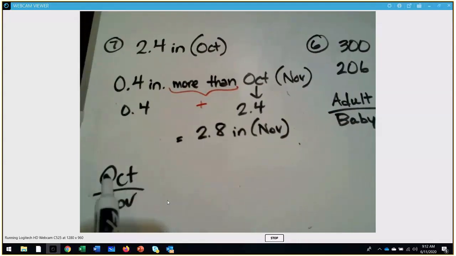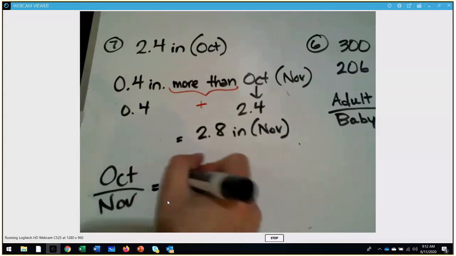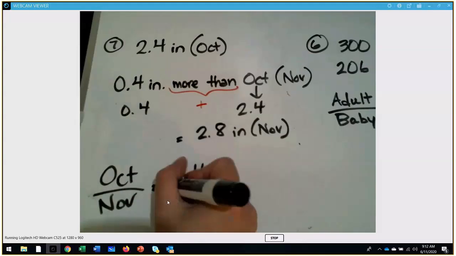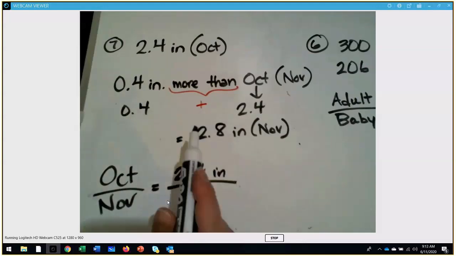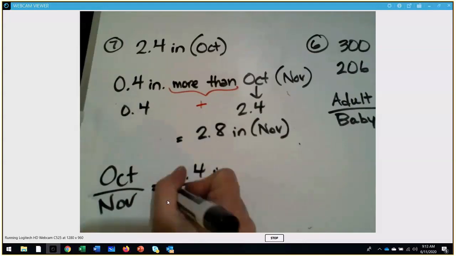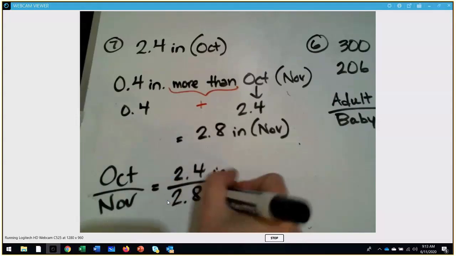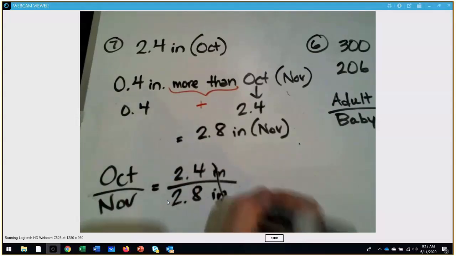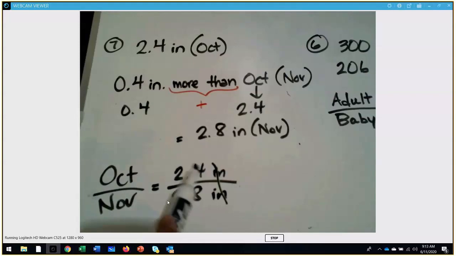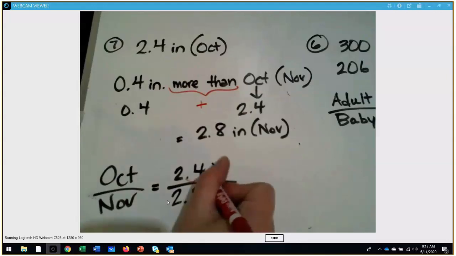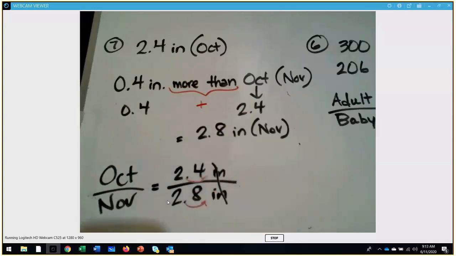Now, let's put them in our fraction. It's going to be 2.4 first, over November, which we just figured out was 2.8. All right, now we have to deal with our decimals. So we'll move them both over once, and that'll put them in whole number form.